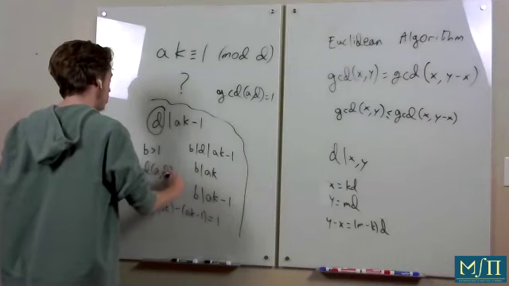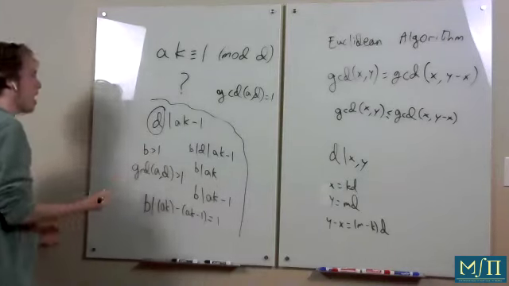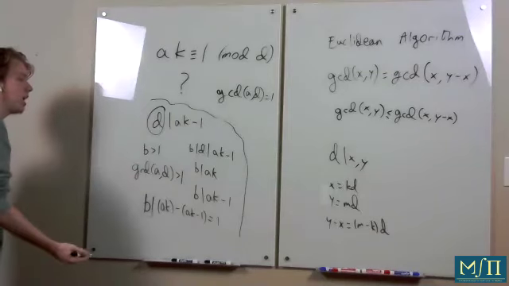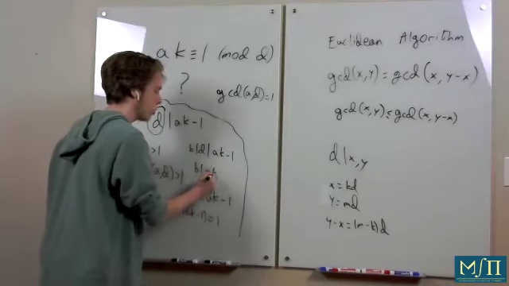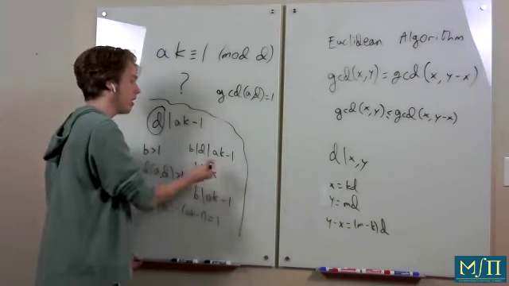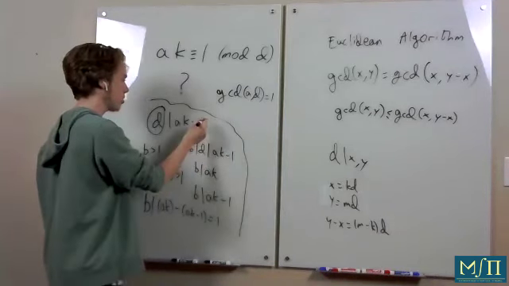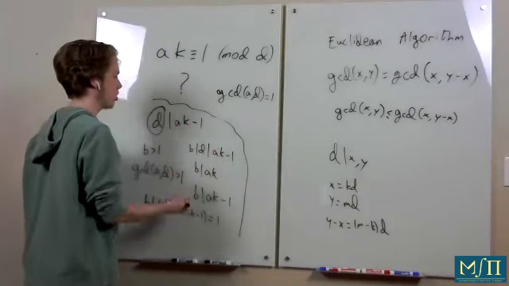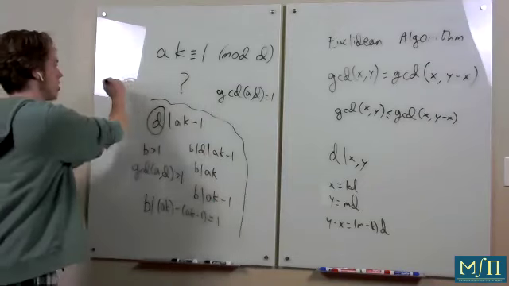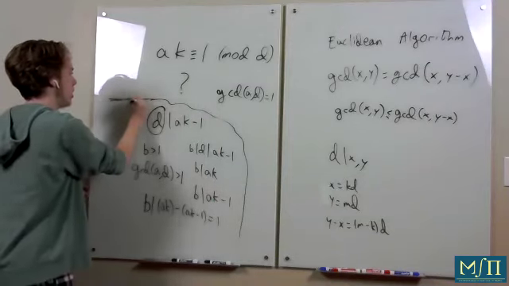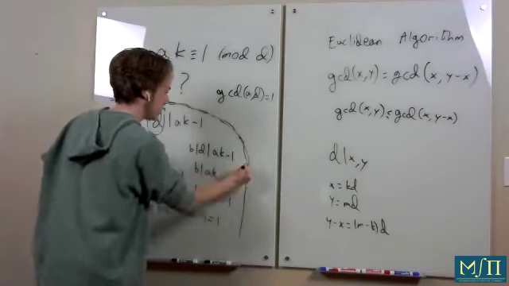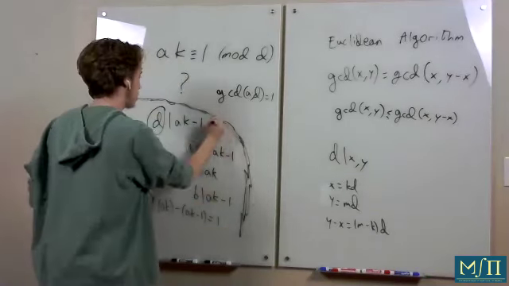If you took B to be their GCD, then it would divide A, so it would divide A times anything, and it would divide D. So if there were some K making this work, you would get a contradiction. So that's two cases, and I should draw a line to separate them. Does that help? I hope.